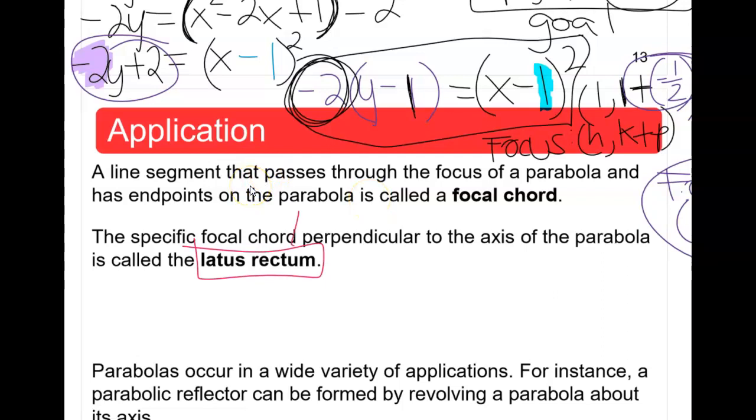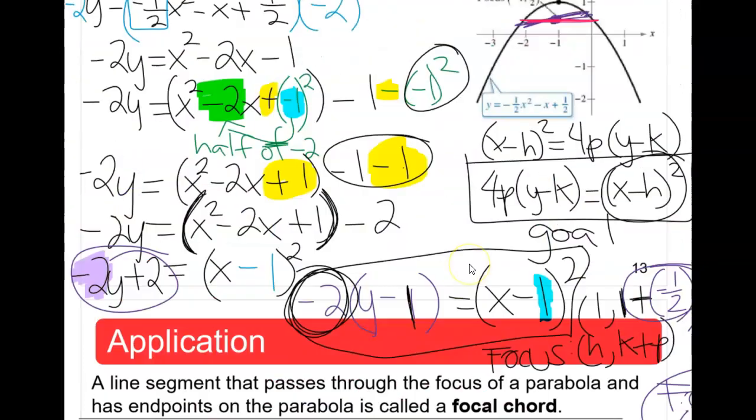And it has to be perpendicular to the, in this case, to the major axis, or in fact, I think I said this wrong.